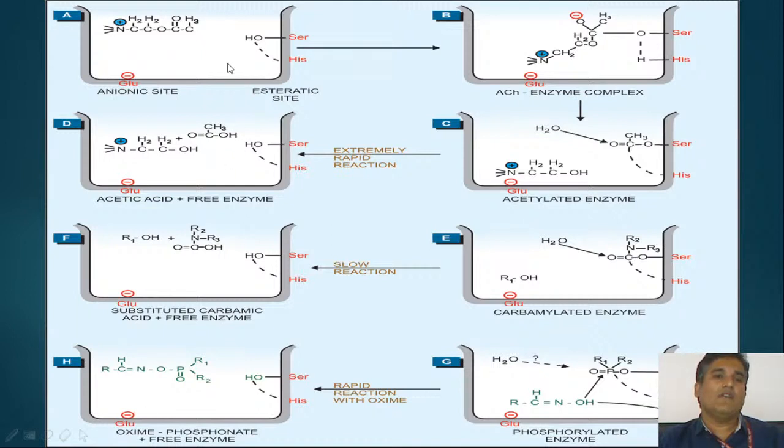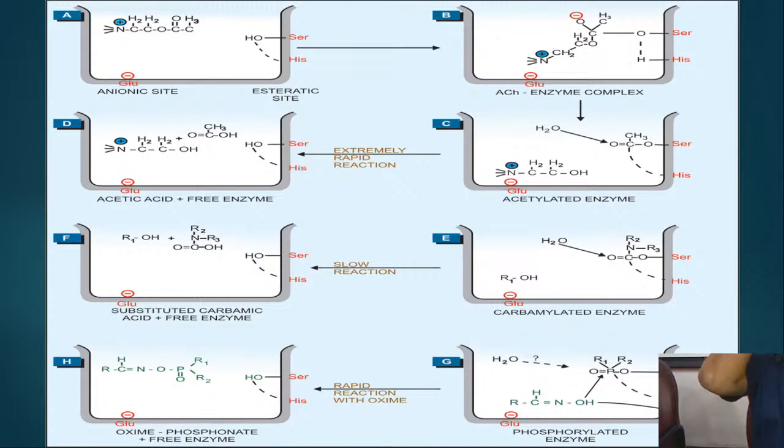It means when acetylcholine comes in contact with the active site of cholinesterase, it is rapidly degraded into its components. Once acetylcholine is degraded, its activity is terminated because there is no more acetylcholine to act on the respective binding sites, either nicotinic or muscarinic receptors.